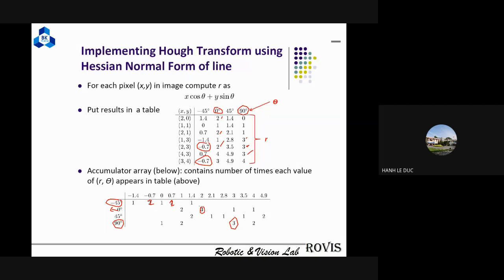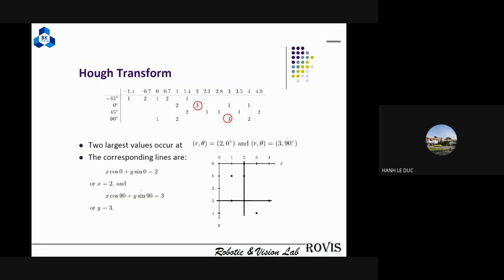So I know that from the original image, there are 2 lines going through 3 points. So how to calculate the equation of it? Let's do this. From here I have the R value and theta. So just replace this into the equation.